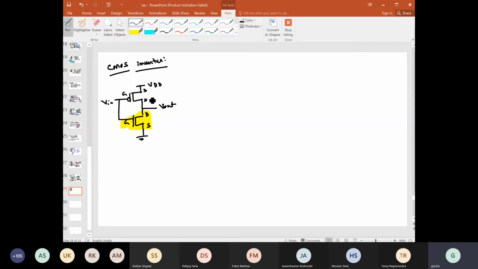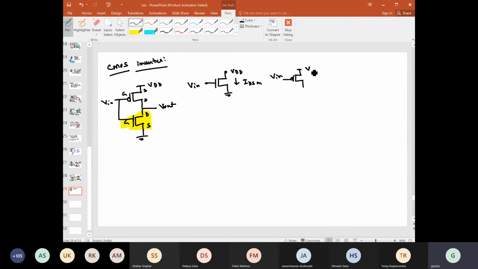So if you are focusing on this PMOS, how does the IV characteristic look? Let us take separate examples here. Suppose this is the situation, and here this is V in. This is NMOS, this is IDS, so we write it as IDSN for NMOS, and similarly we can do for PMOS as well.